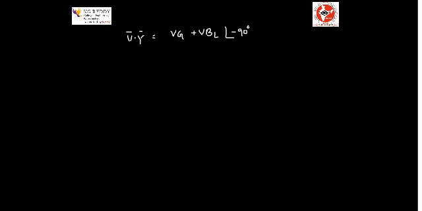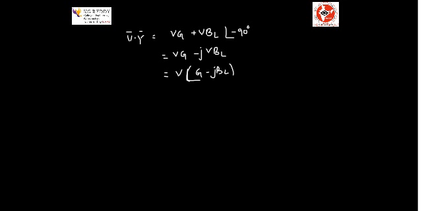Now I can write this as V into G minus J into VBL. In these two terms I can take V as common, then what I get is G minus JBL as the term.